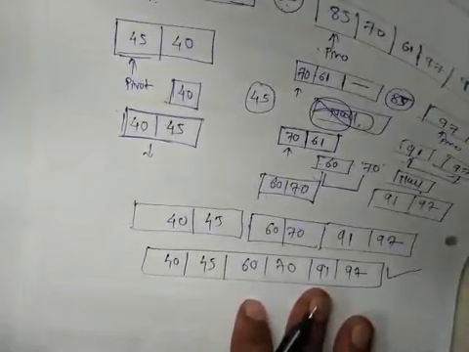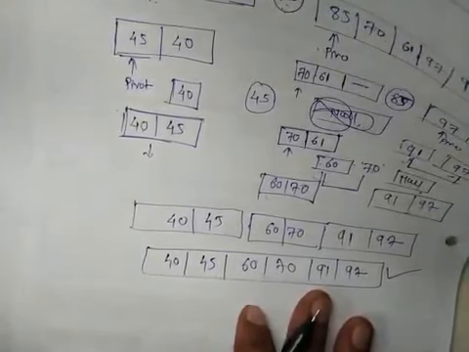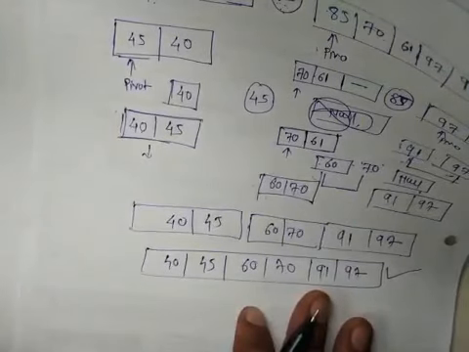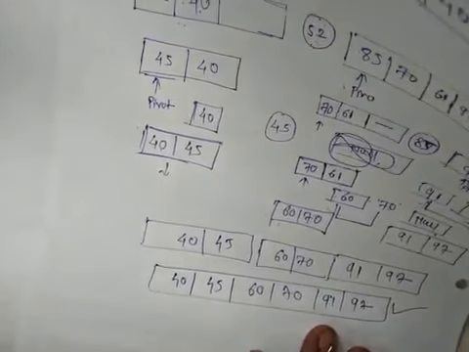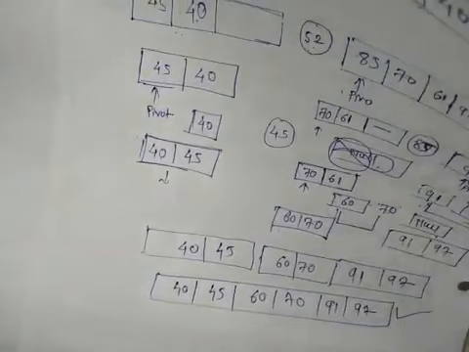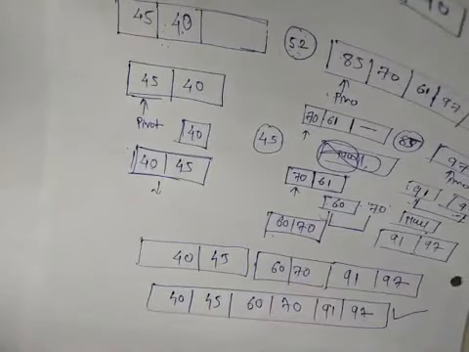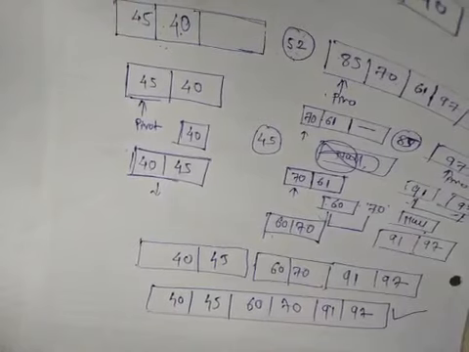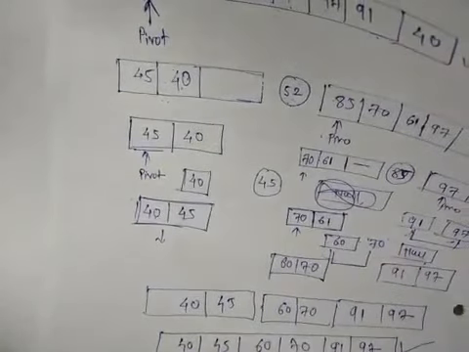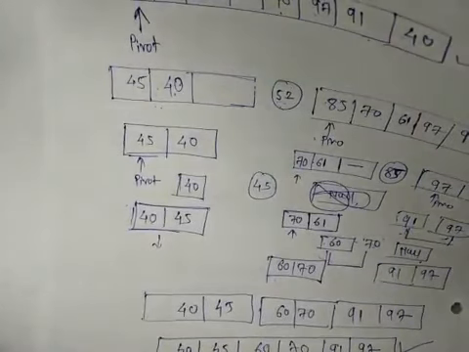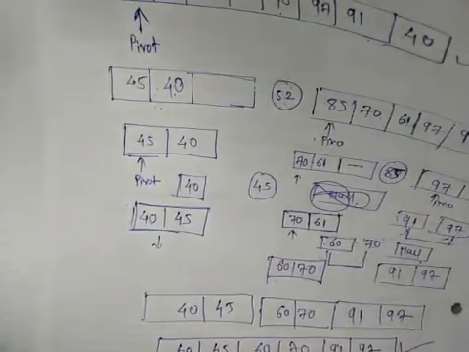So this is what the divide and conquer technique is. We divided the array into sub parts and then finally got the final result. We conquer their results. We divide till the end of the array.